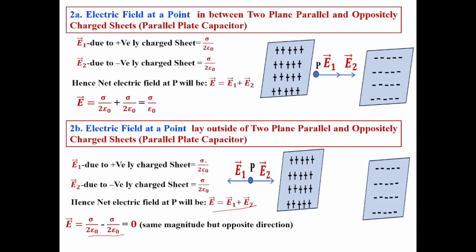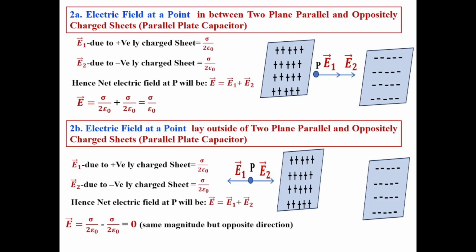So these two values are subtracted because both are opposite. Hence we found that at point P, which is outside of the parallel plate capacitor, the magnitude of the electric field intensity will be equal to 0.